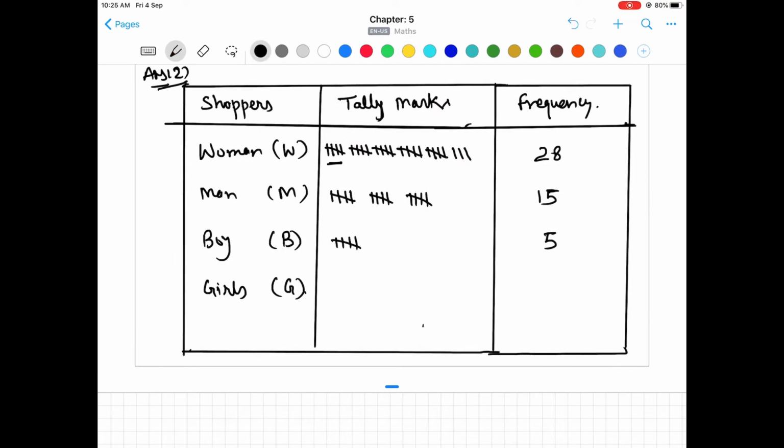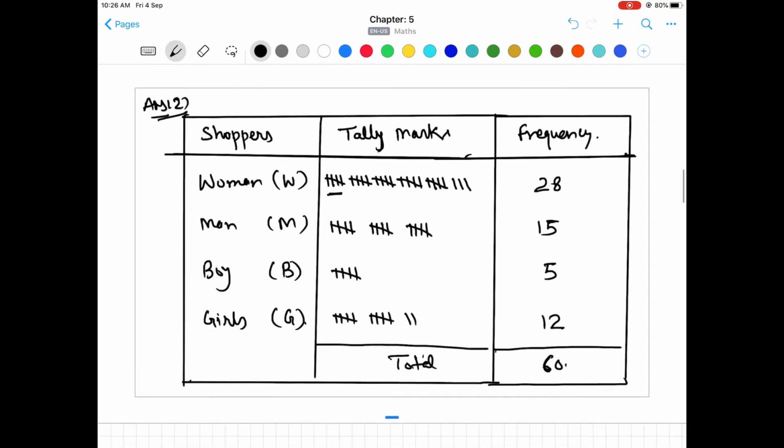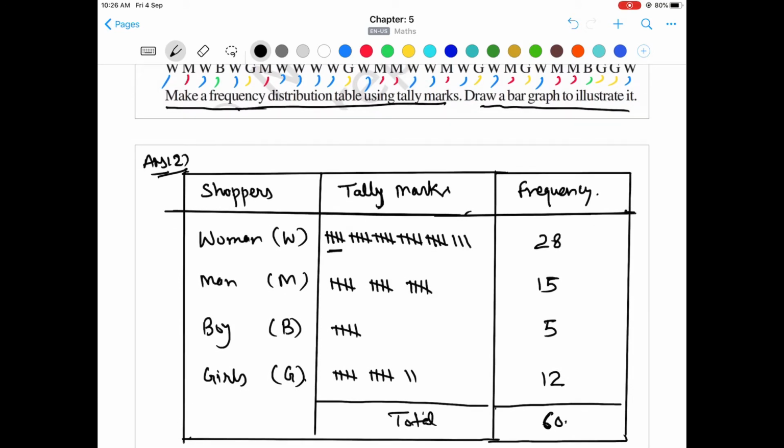So number of girls is 12. Okay, and we can write the total here. So this 28 plus 12 will be 40, and 15 plus 5 is 20, so total will be 60. Now we have represented this data using frequency distribution table.